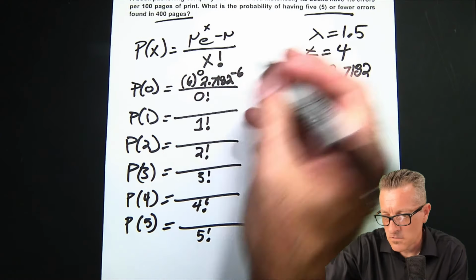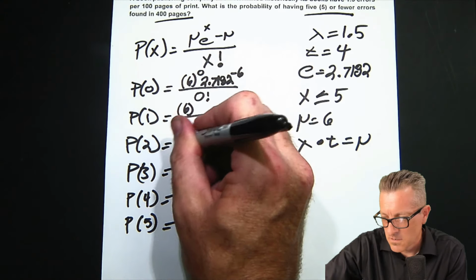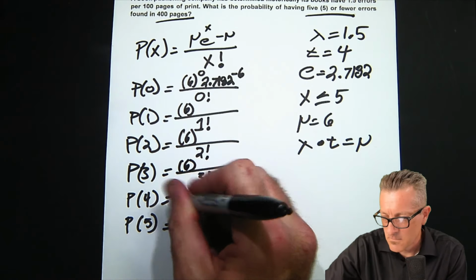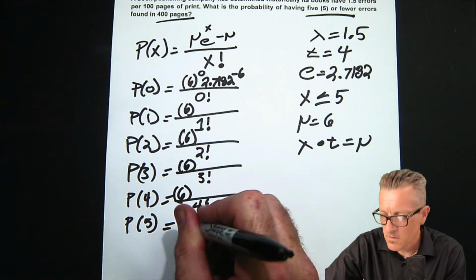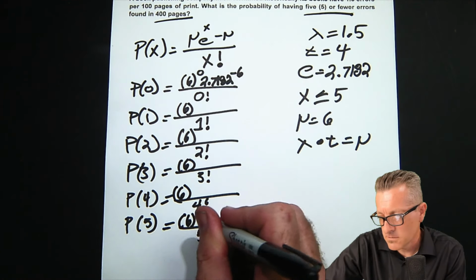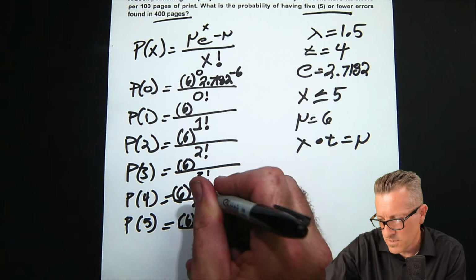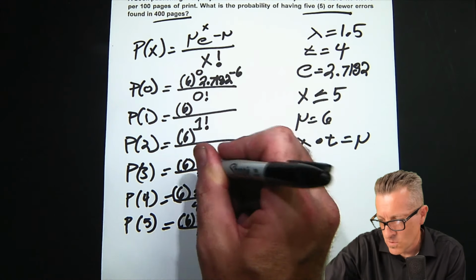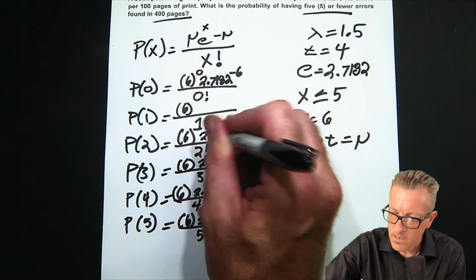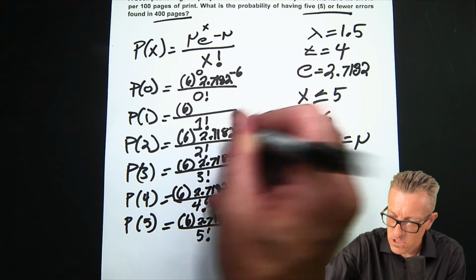So all of them have 6 in parentheses, and we all have 2.7182.